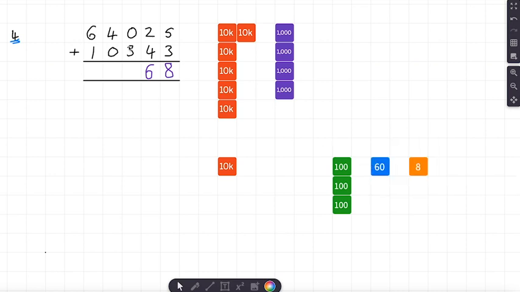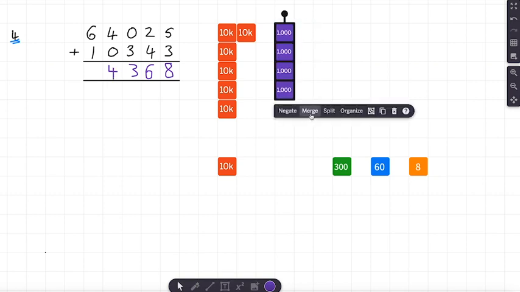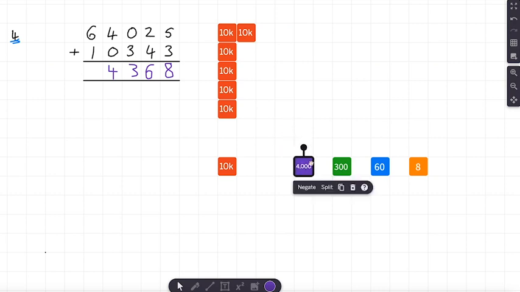For the hundreds, we have 0 plus 3 is just 3. And there's our 300 there. For the thousands column, we have 4,000 plus no thousands is just 4,000 still. And there's our 4,000 counter.